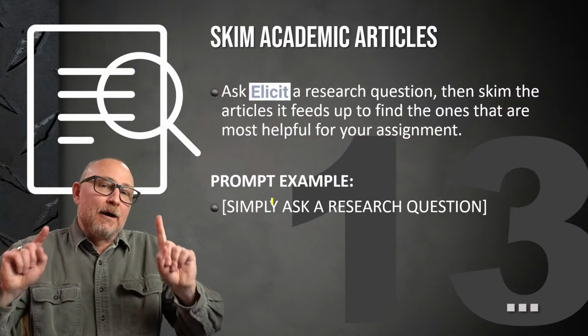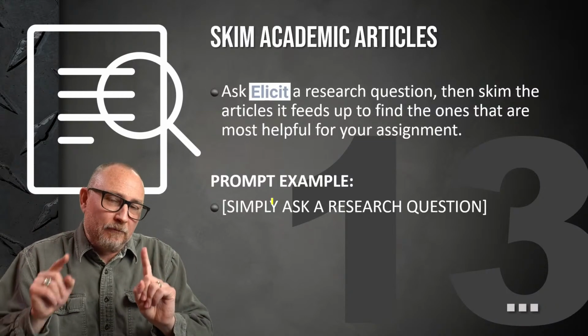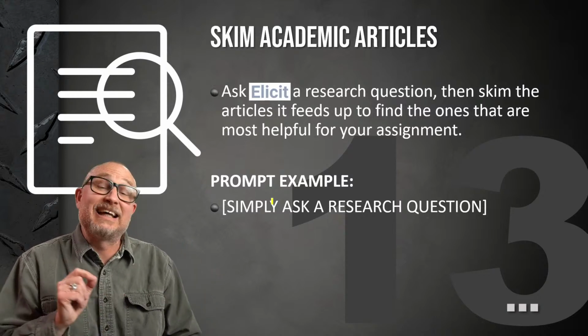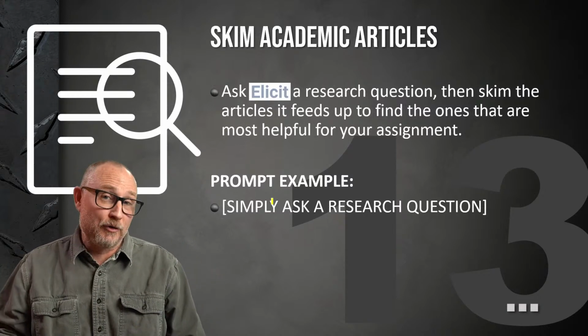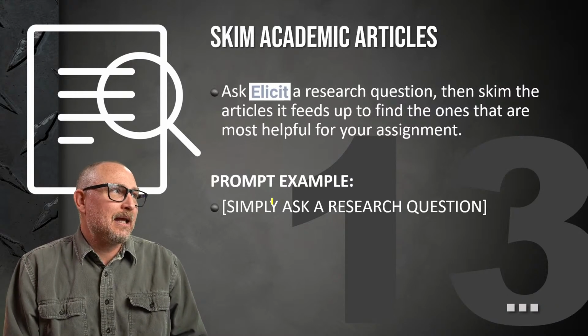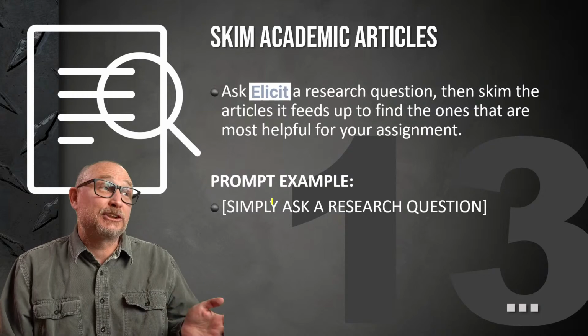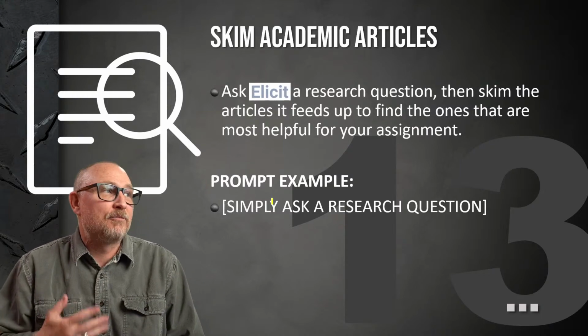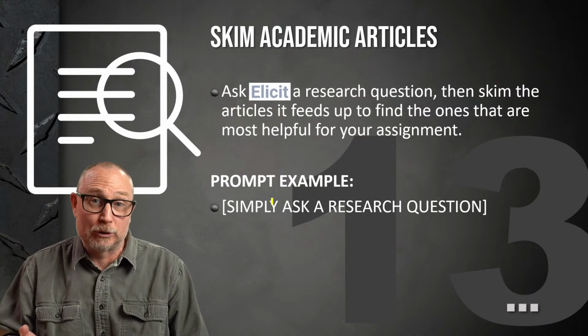Now, I want to show you this other tool as well. This is where I want to point you toward a tool you may not know about called Elicit. This is when we're moving away from ChatGPT for a moment. Ask Elicit a research question and then skim the articles it feeds up and find the ones that are most helpful to your assignment.